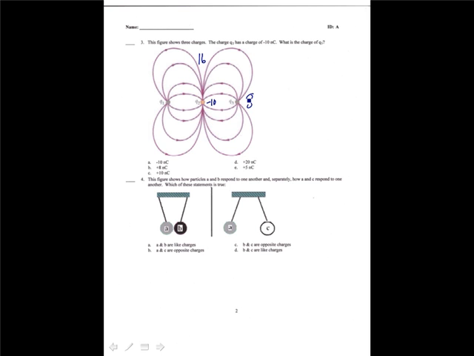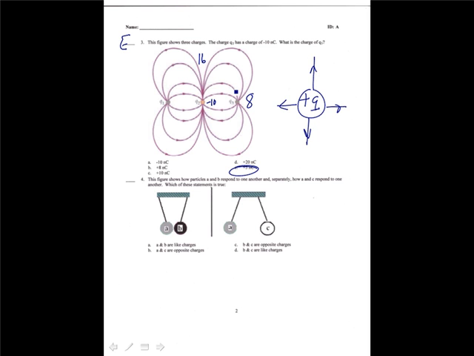So Q3 has a charge of either plus or -5 nanocoulombs. Well, plus is the only one given, so that must be it. We know it's positive because field lines emanate outward from a positive charge. And because Q3 has field lines coming out of it, that means that Q3 is positive, so it's +5.